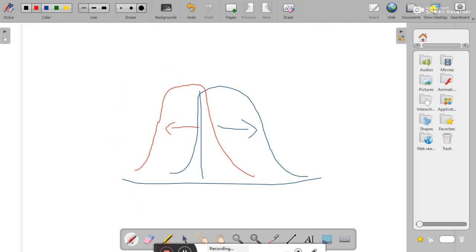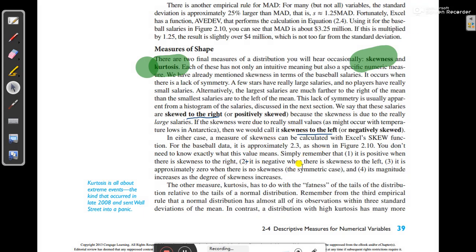So again, go to the text. Here you can see, if it is positive, meaning positively skewed, or skewed to the right, then we can say that the salaries are high due to a few large salaries, and if it is negatively skewed, it is due to lower salaries.